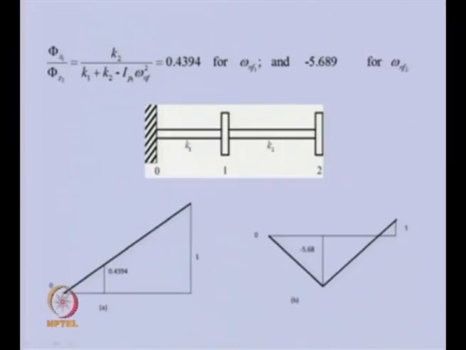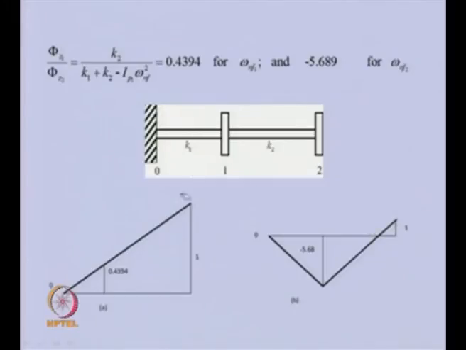So you can see that we have the mode shape corresponding to the first natural frequency. This is station 0 fixed, disk 1 location, this displacement, and if we take unit displacement at station 2, station 1 will have 0.4349 unit displacement. Similarly here you can see that these two disks will have anti-phase motion for the second mode.